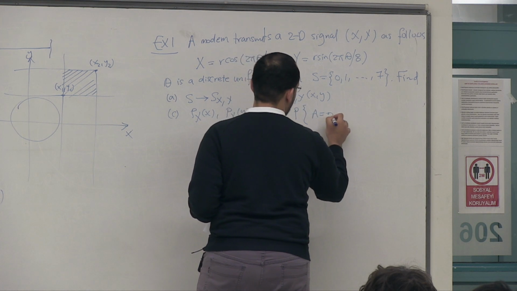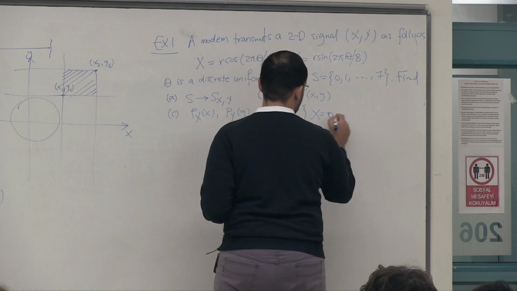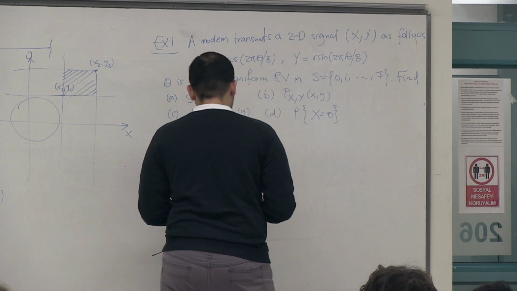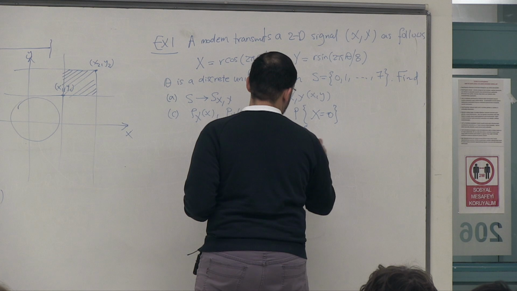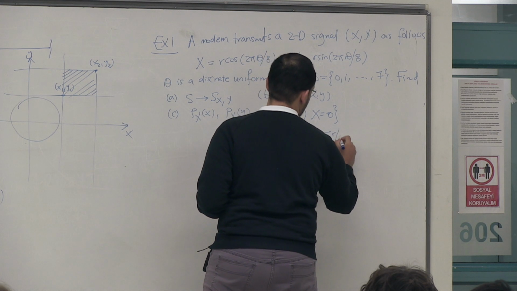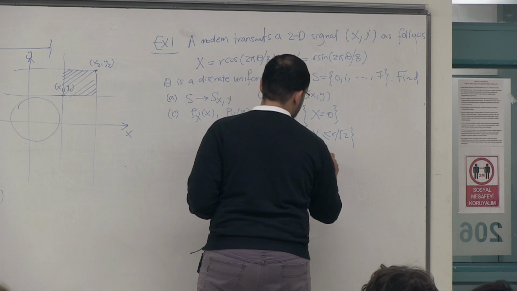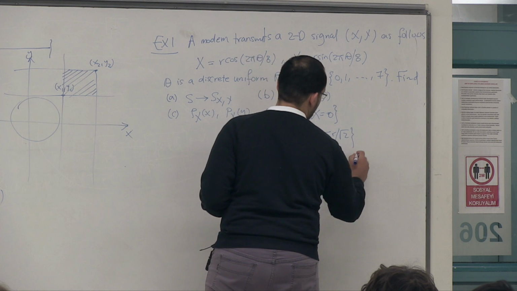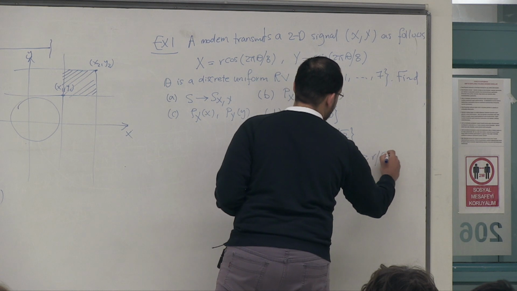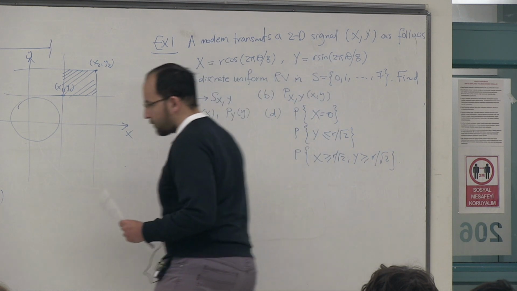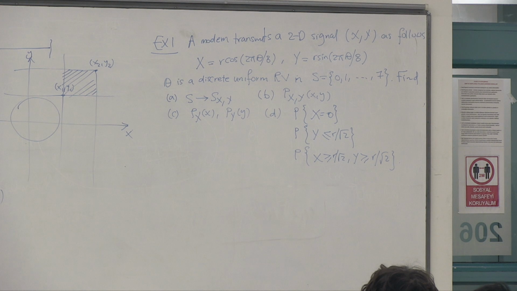A equals X equals 0. The probability of Y less than or equal to R over square root 2. And the probability that X is greater than or equal to R over square root 2 and Y is greater than or equal to R over square root 2.